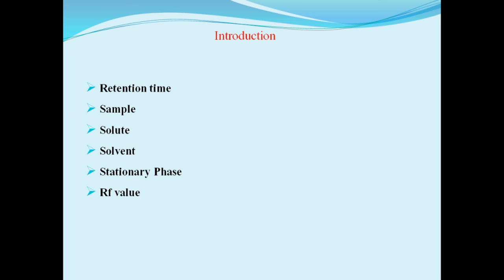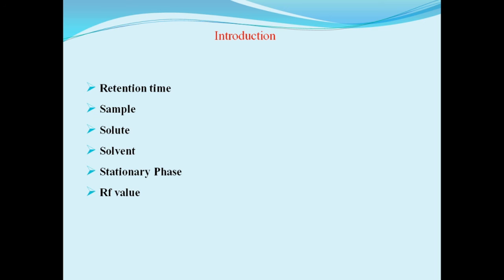Next, Rf value. Rf value may be defined as the ratio of the distance traveled by the substance to the distance traveled by the solvent. Rf values are usually expressed as a fraction of two decimal places, but it was suggested by Smith that a percentage figure should be used instead.